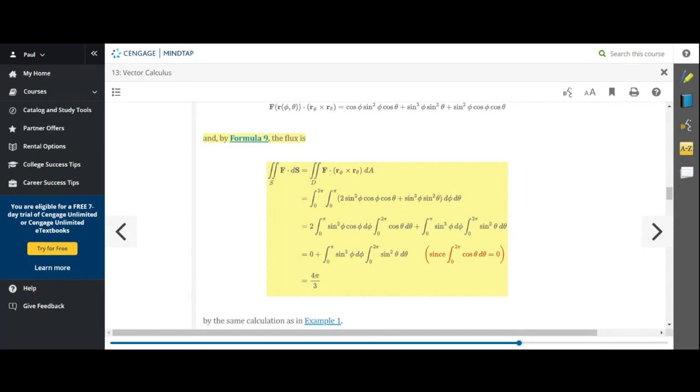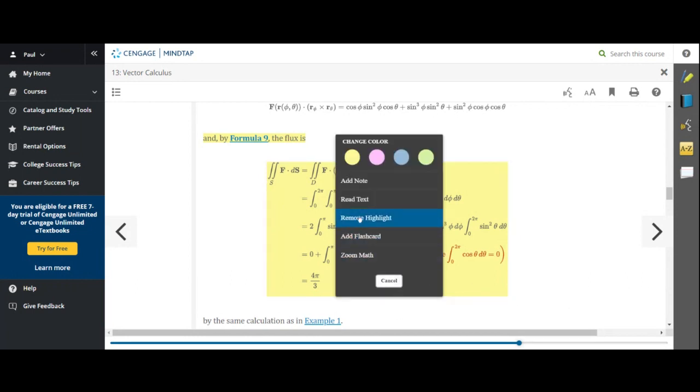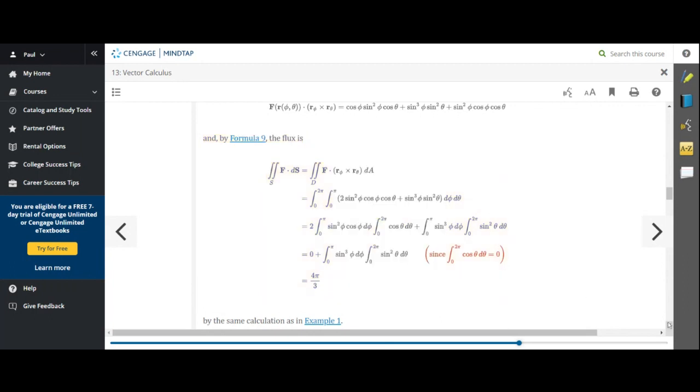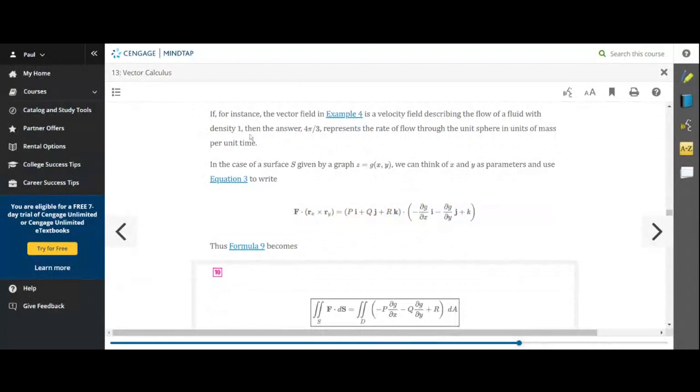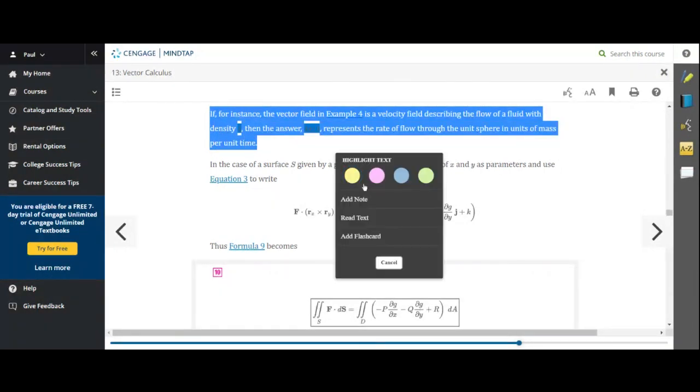All right, then let us continue a little further. They say, actually, let's interpret this result.